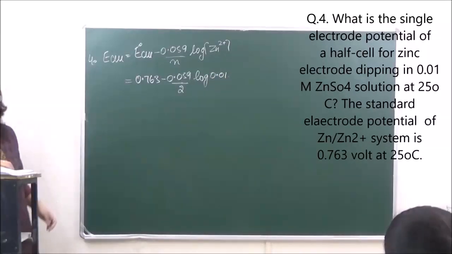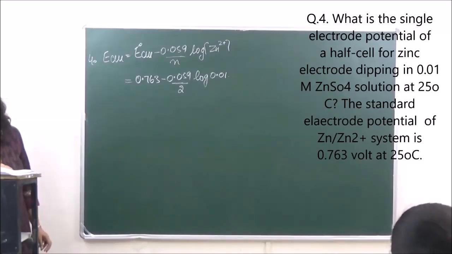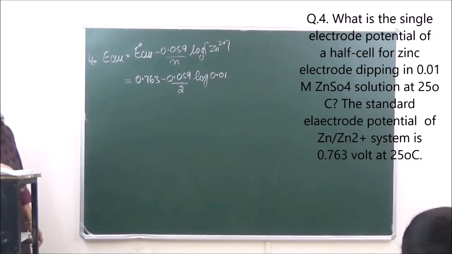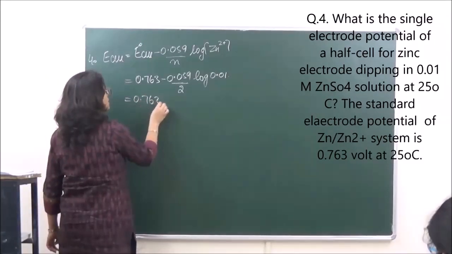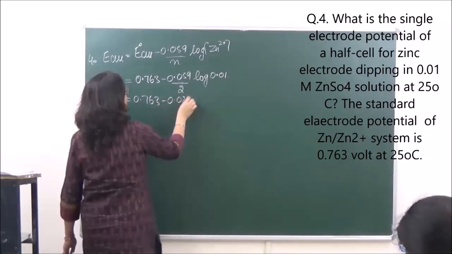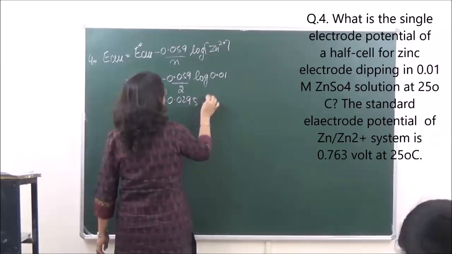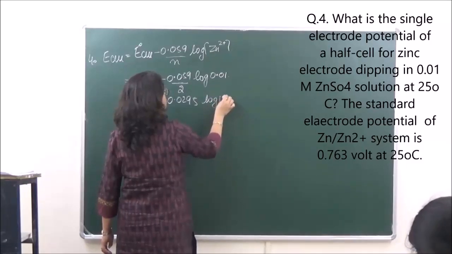Now the value of 0.01, that will be equal to what? The concentration is given to us as 0.01 only, no? So we will have 0.763 minus 0.0295 log of 10 raised to power minus 2.